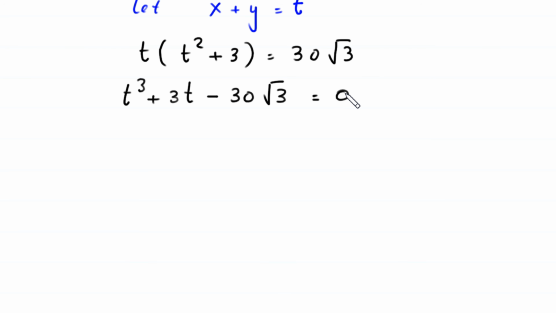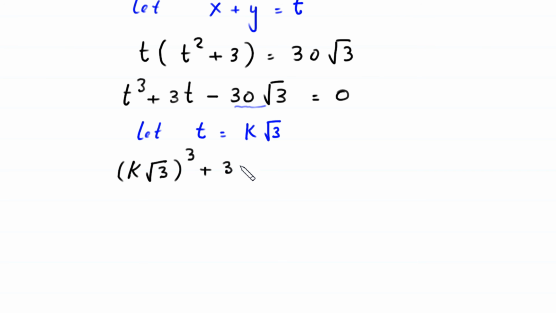Since we have a constant term 30 times root 3, we suppose that let t is equal to k times root 3. So this equation will become k times root 3 whole cubed plus 3 times k times root 3 minus 30 times root 3 equal to 0.